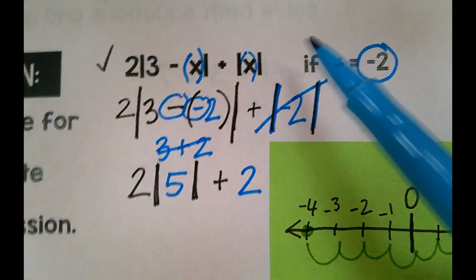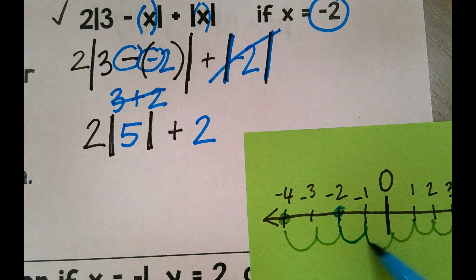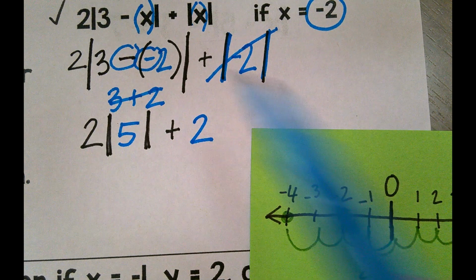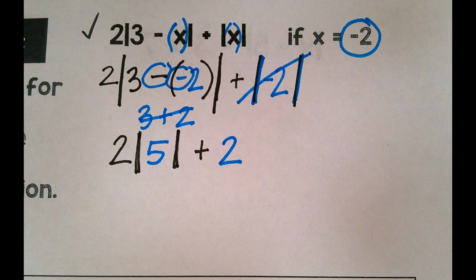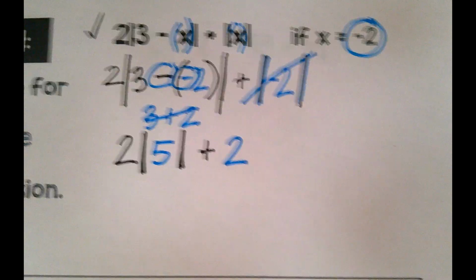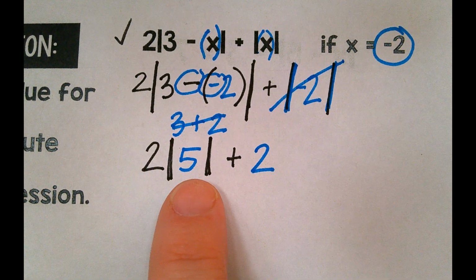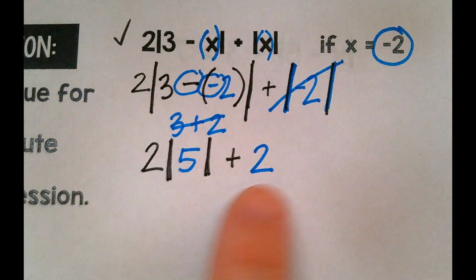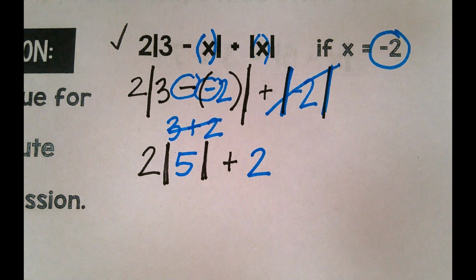So I got rid of the bars because I started with my -2 and said 1, 2. It's 2, so I brought down 2. Okay, so now I have 2 times the absolute value of 5 plus 2. There's just one absolute value part left.